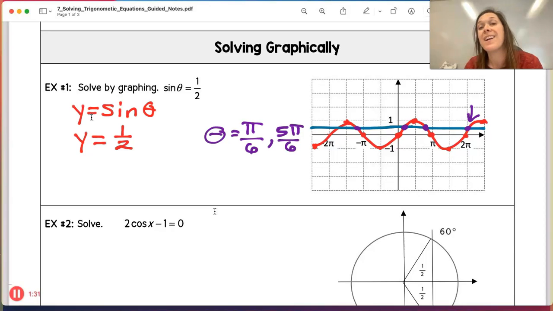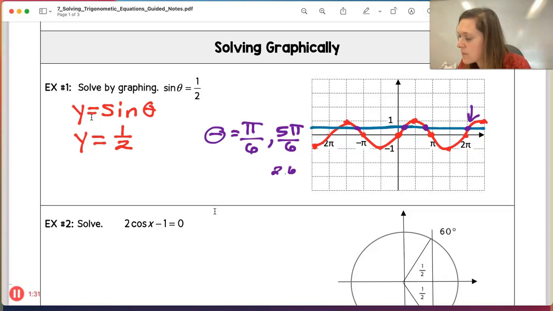If I were asking you to solve it using your graphing calculator, then I would expect the decimal answers, so don't be afraid to do that. So what was pi over 6? It was 0.5235. And 5 pi divided by 6 is 2.61. Yeah, that's what we got for this one.